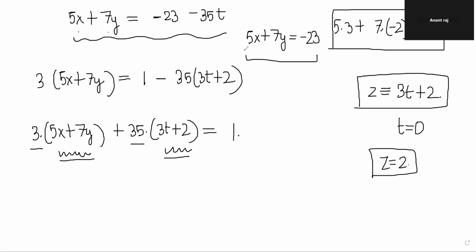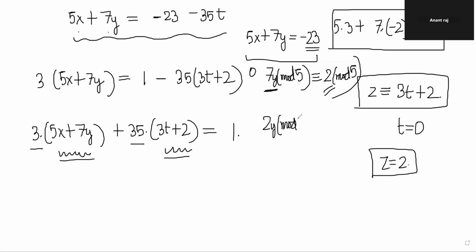Now one way to quickly solve it would be to do mod 5 here. So this will be 0 mod 5, and 7y mod 5 is congruent to minus 3, or 2 mod 5. 7 is 2 mod 5, so 2y is congruent to 2 mod 5.